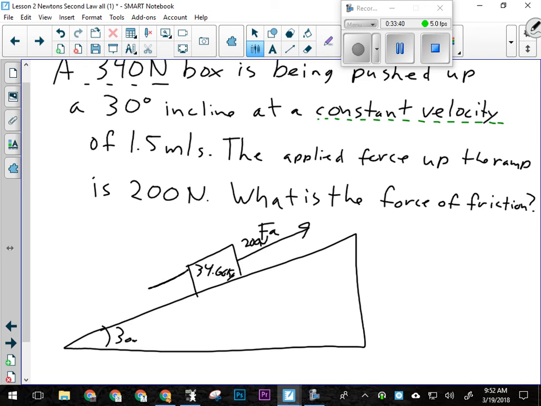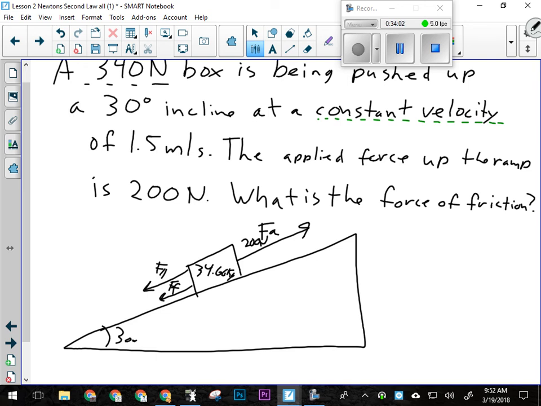Pulling down the ramp are two forces. F parallel, that we talked about just a minute ago, and friction. How do I know friction's acting down and not up? Right, friction always opposes. If the box is going up the ramp, friction's going down the ramp.